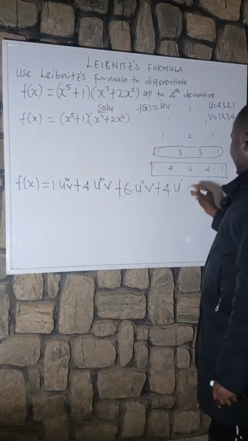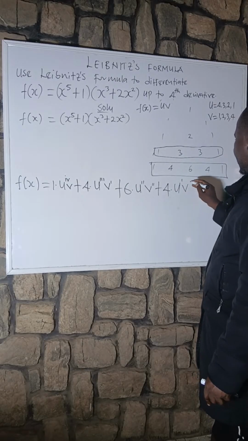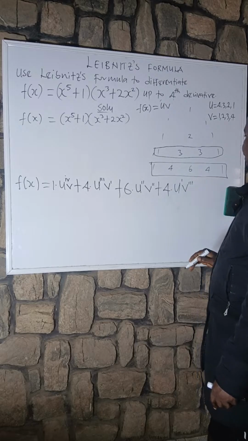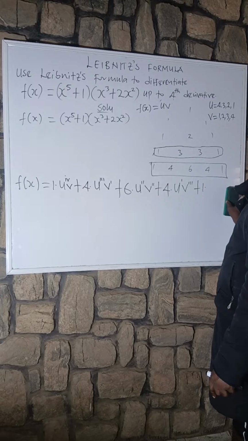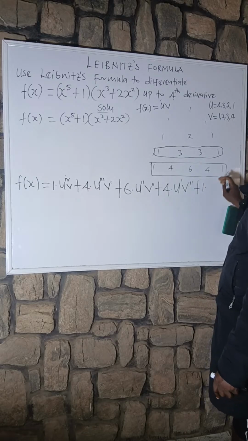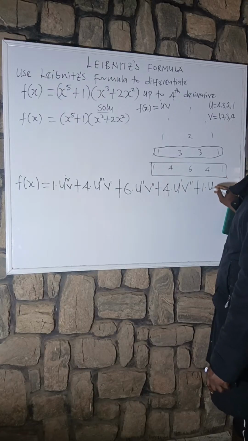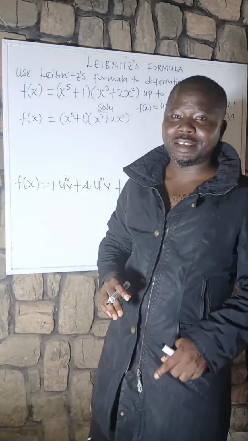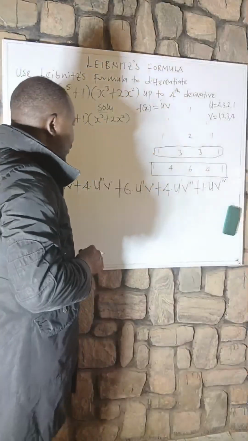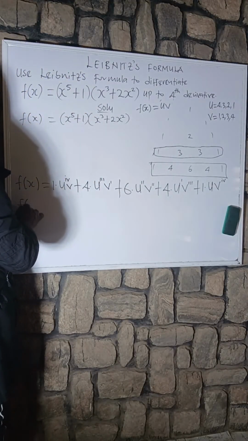Okay. So here we are going to have v prime, then plus 1 times u times v. So fast simple. Now this is the same thing as our f of x.